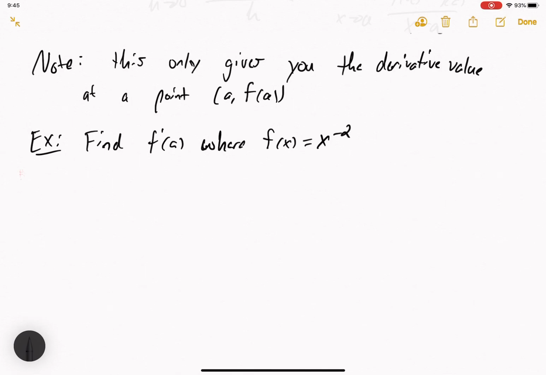Now we're doing it at an arbitrary point a, and we want to find the derivative of f of x at the number a.